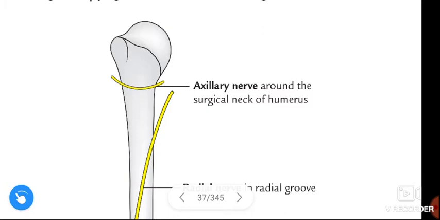During the dislocation of shoulder joint there is damage to the axillary nerve, and this axillary nerve supplies innervation to the skin overlying the deltoid region. Okay guys, that's why there is a loss of sensation of skin.